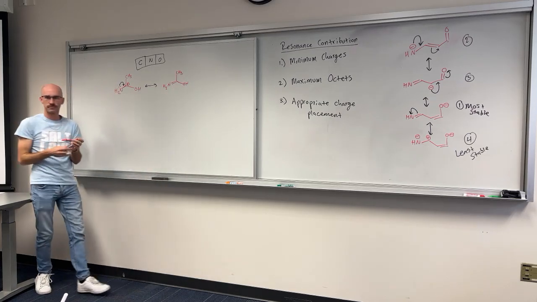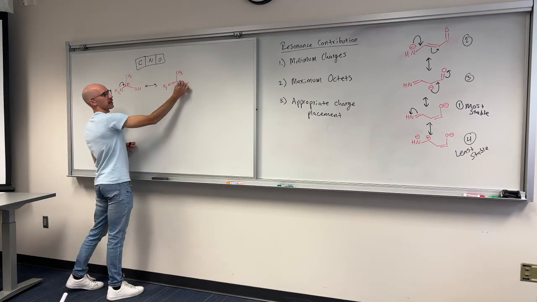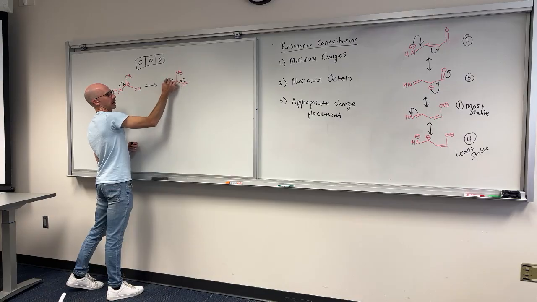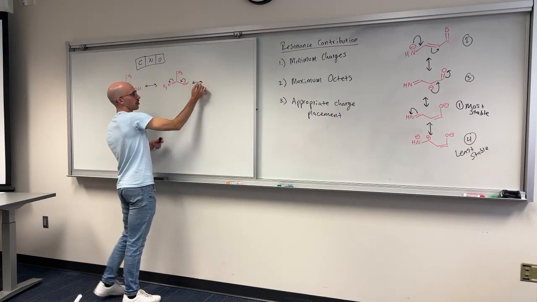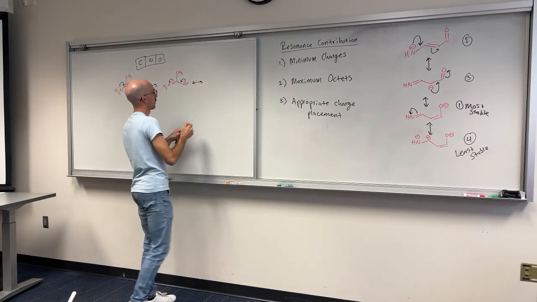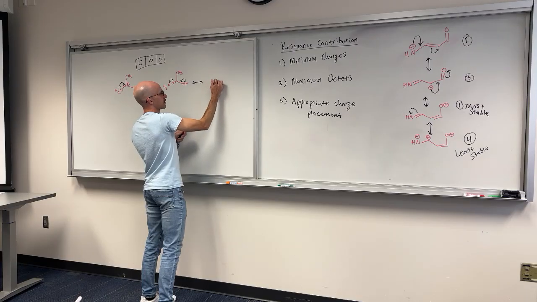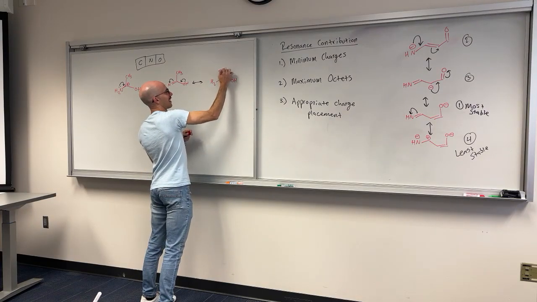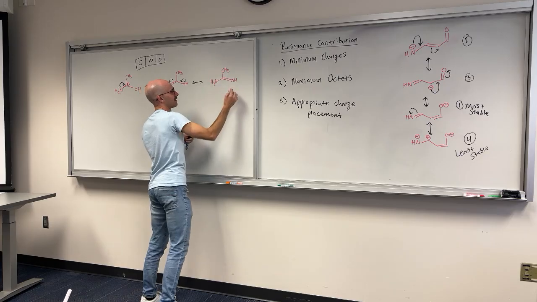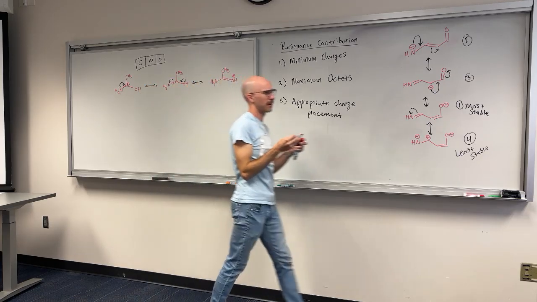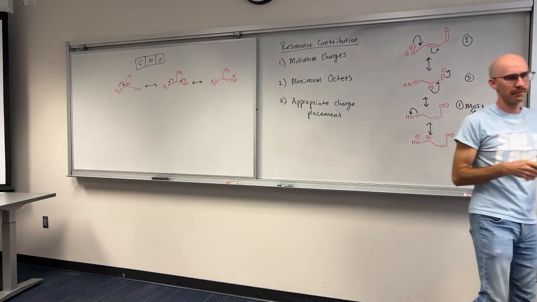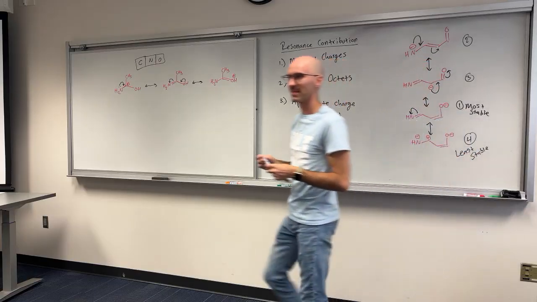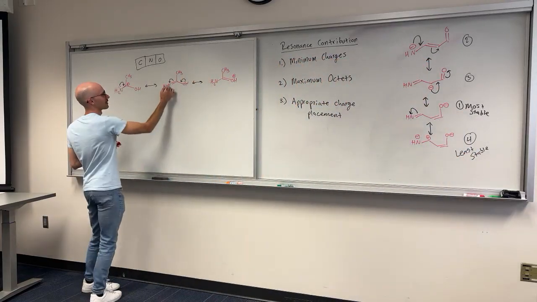Or oxygen can make that lone pair and double bond to the carbon. I did make a mistake in that second form. So tell me, guys, if you can spot that mistake I made. Yeah, I forgot the charge on the nitrogen.